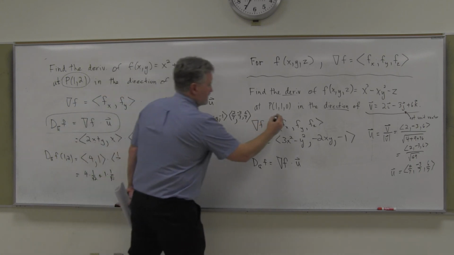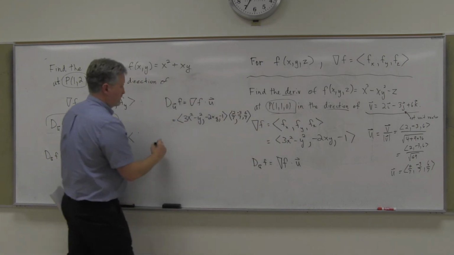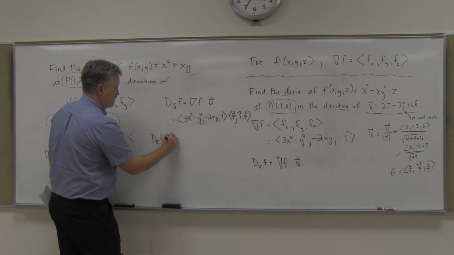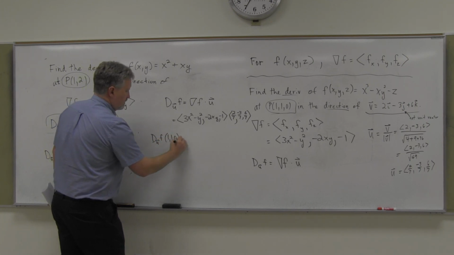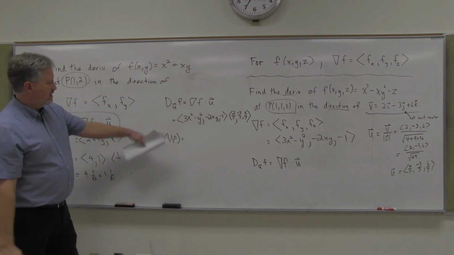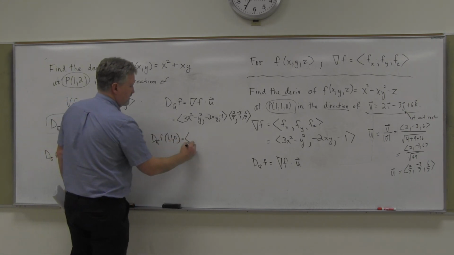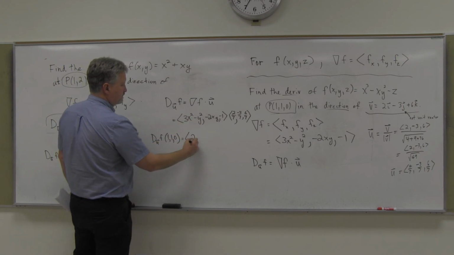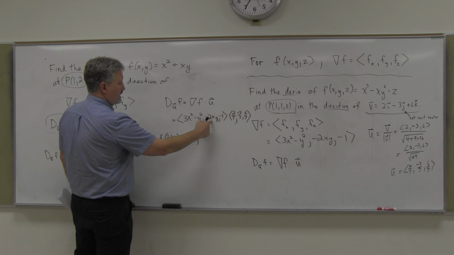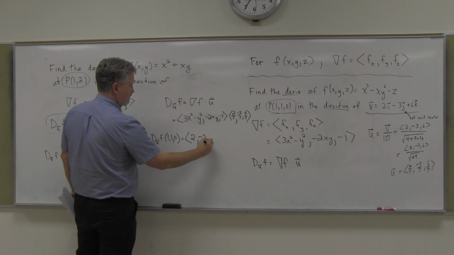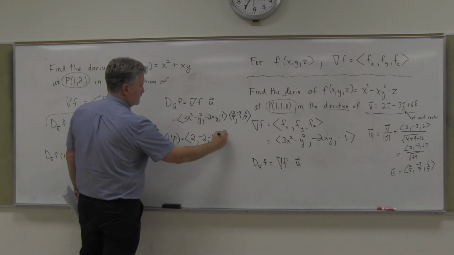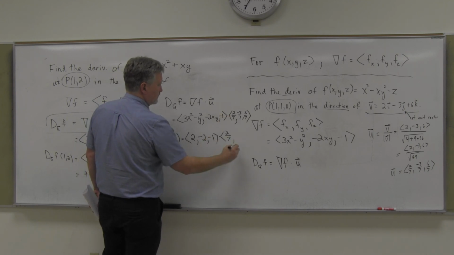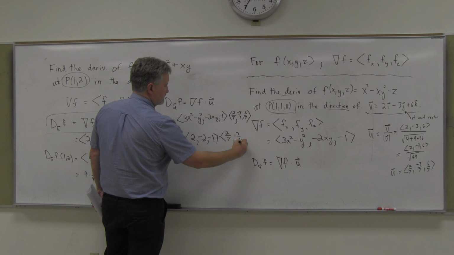In this particular case, I want the directional derivative at (1, 1, 0), so my x is 1, y is 1, so that'd be 3 minus 1, which is 2, -2, -1, dotted with (2 sevenths, -3 sevenths, 6 sevenths).